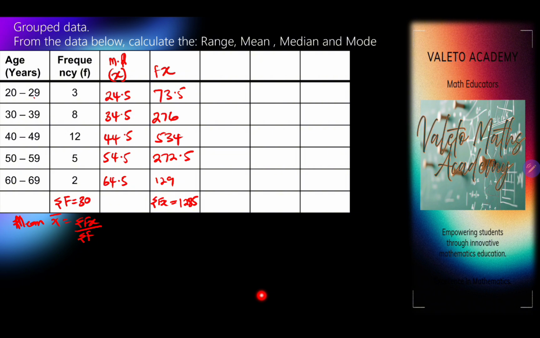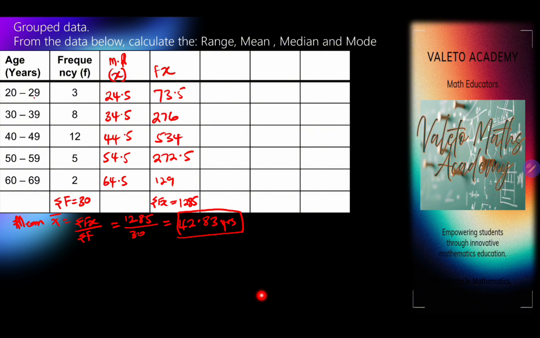Please tell me if my calculation is correct. So with this, we get our mean from the formula to be 1285 divided by 30, and our mean will be equal to 42.83 years. All right, so that's our mean.